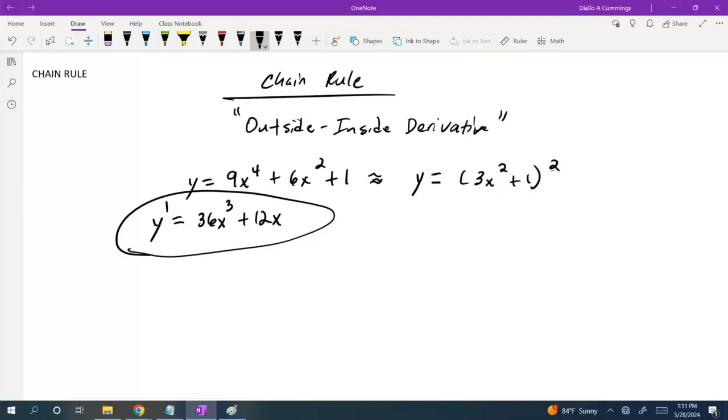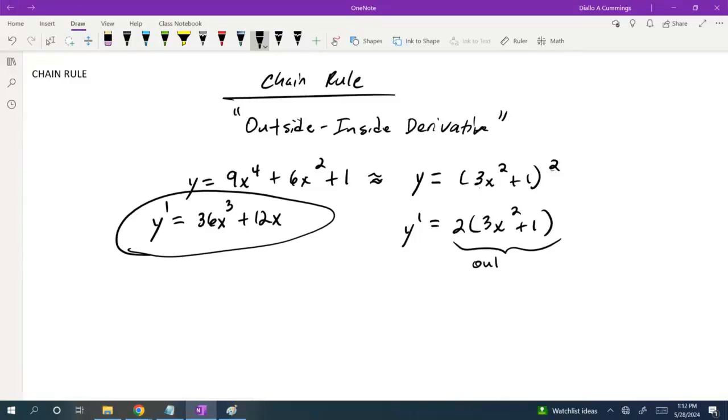So in order to find a derivative for this composition, we must use the chain rule, which is the outside-inside derivative. So first, I'm going to take the derivative for the outermost function, which is this quadratic. So I'm going to use the power rule. I'm going to take 2, I'm going to treat that as a multiplier, and I'm going to leave the innermost function as it stands.